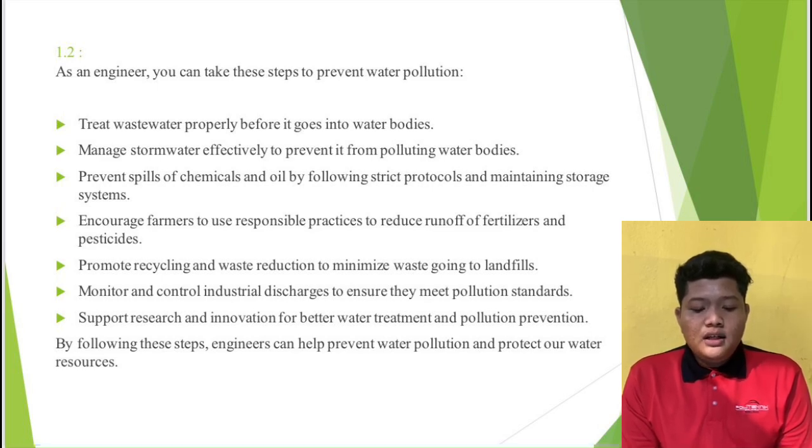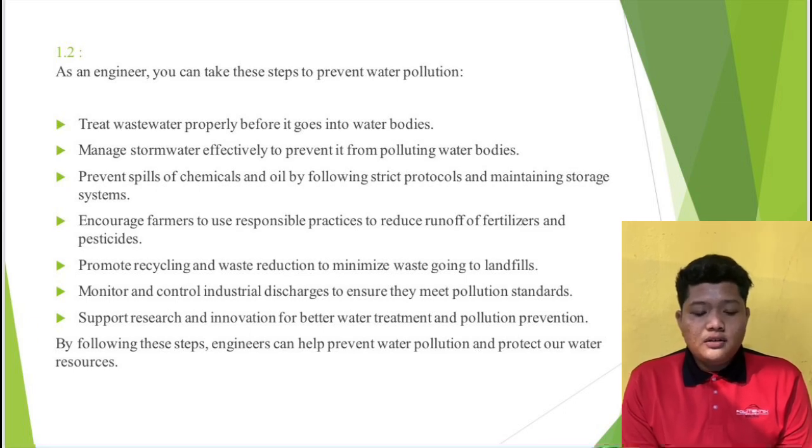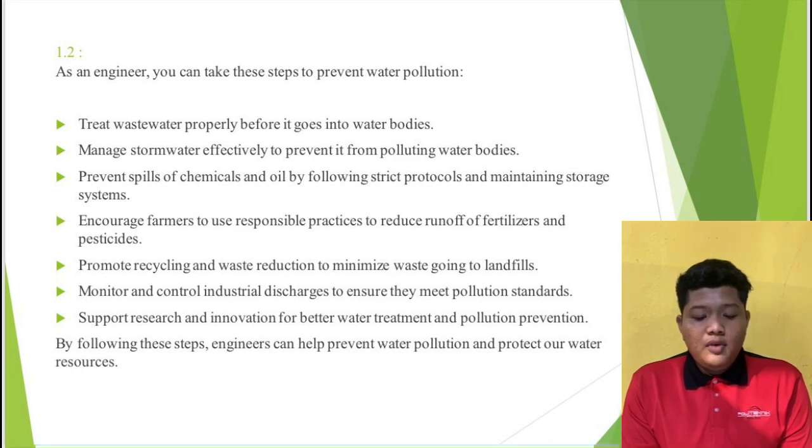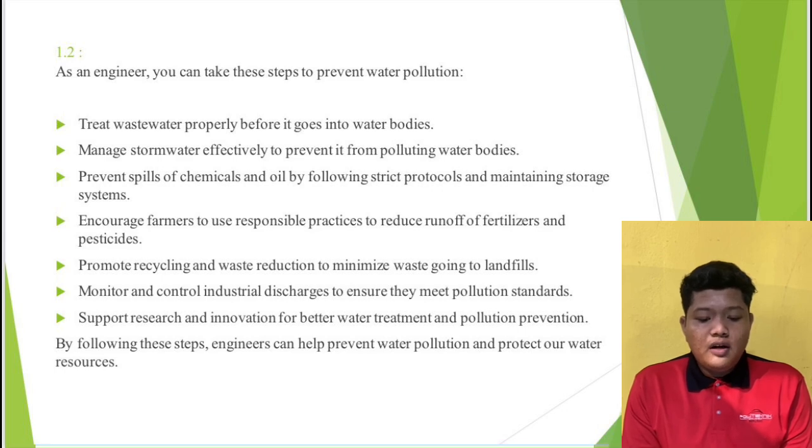First step, treat wastewater properly before it goes into water bodies. Next, manage stormwater effectively to prevent it from polluting water bodies. Next, prevent spills of chemicals and oil by following strict protocols and maintaining storage systems. Next, encourage farmers to use responsible practices to reduce runoff of fertilizers and pesticides.